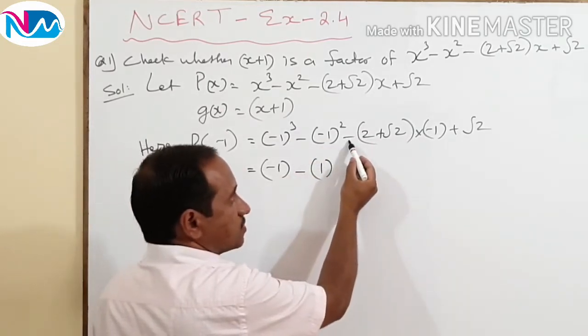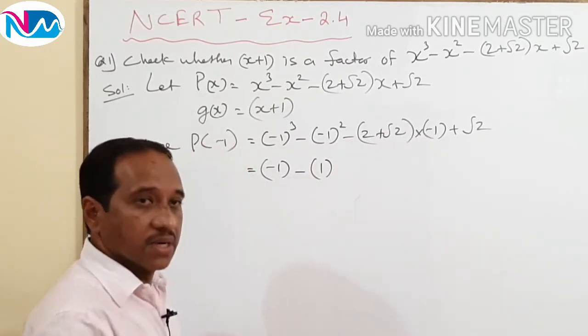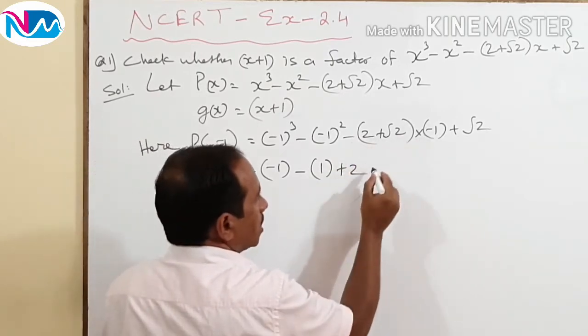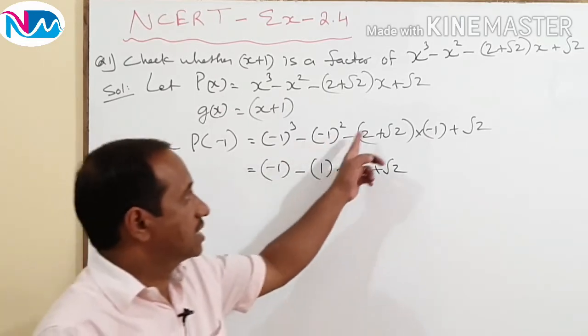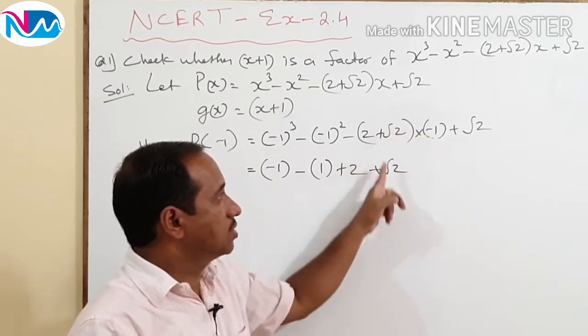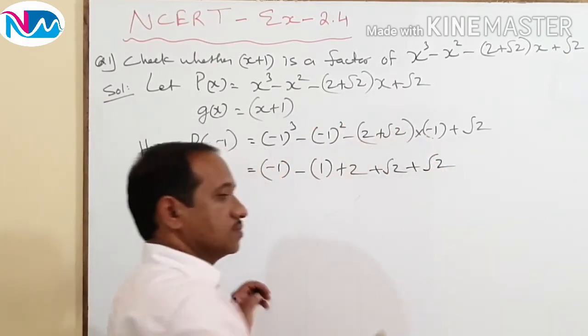Here, this is minus, this is also minus, so minus minus will be plus. So 1 into 2, 2, again 1 into root 2, root 2. This minus and minus becomes plus. So 1 into 2, 2, plus 1 into root 2, root 2, plus root 2.